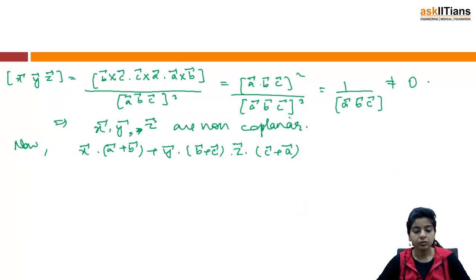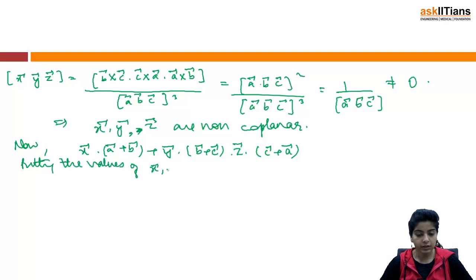Okay, so now what will we do? This would be equal to, putting the values of X, Y, Z in the above equation. In this equation we will just substitute the values of X, Y, Z.